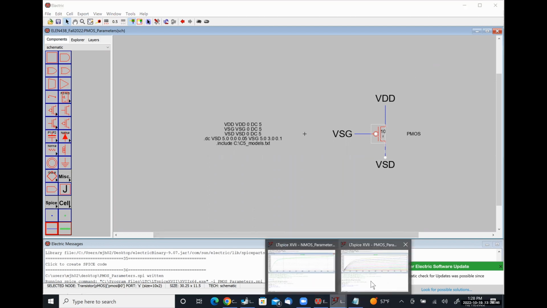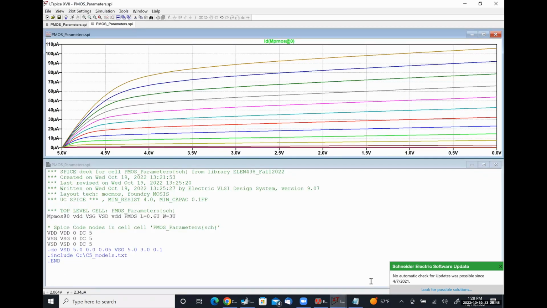So I'm going to pull up LTspice here. This corresponds to VSG equal to 3 volts, 3.1, 3.2, 3.3, 3.4, 3.5, 3.6, 3.7, 3.8, 3.9, 4.0.